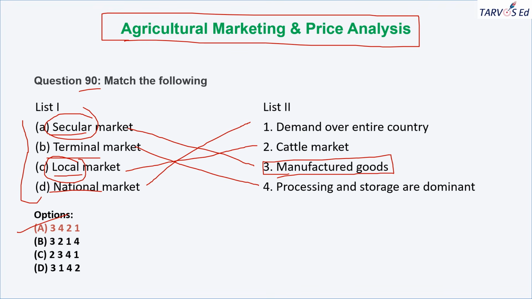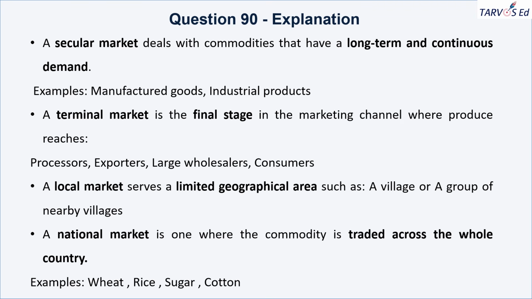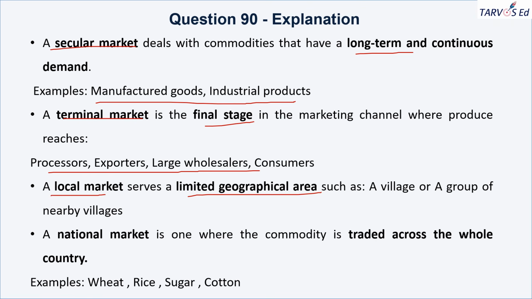Okay. So the explanation: secular markets, as I said, are long-term markets. You can see durable goods sold here, for example manufactured goods and industrial products. Terminal market is a final stage market where the produce will reach exporters, processors, large wholesalers and consumers. Local market serves a limited geographical area, usually a village or a group of nearby villages.